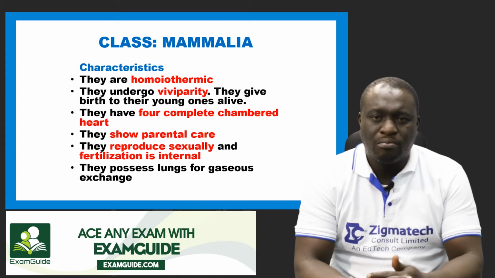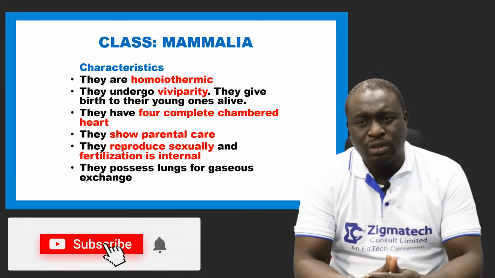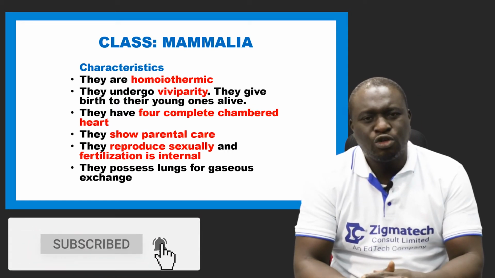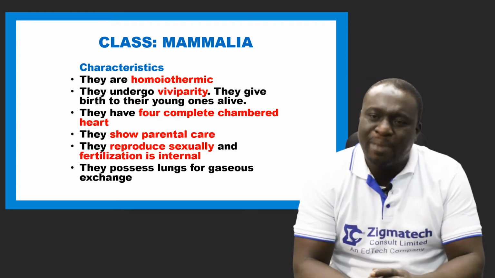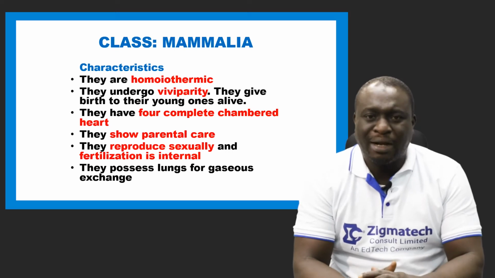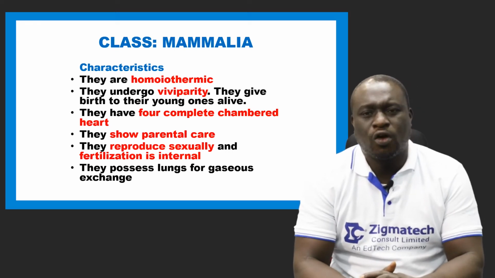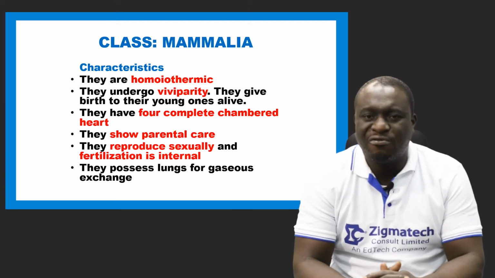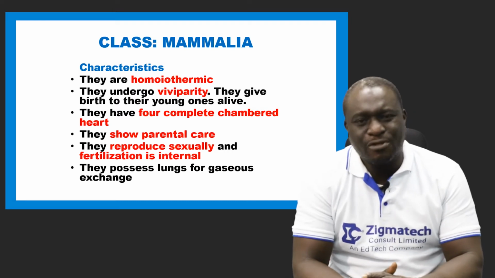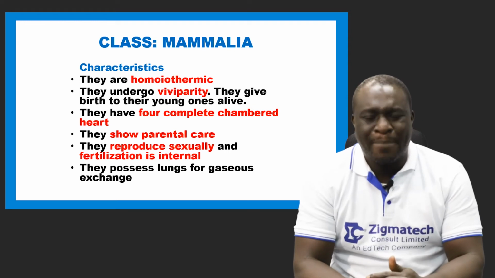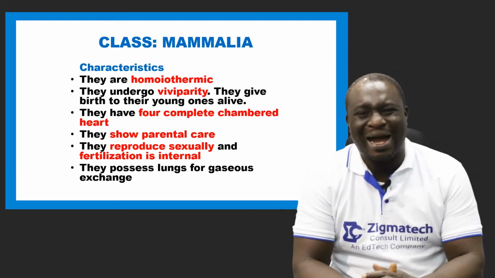Number two, mammals do not undergo oviparity. They undergo viviparity. In fact, mammals are the only chordates that undergo viviparity. What is viviparity? It simply means they give rise to new individuals by giving birth to them alive.